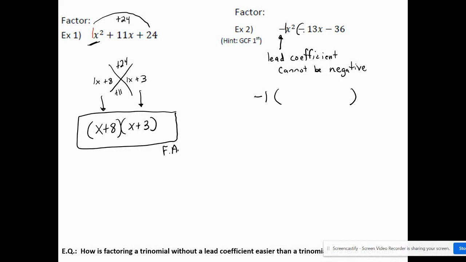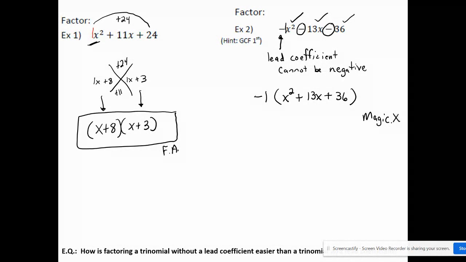When we do that, we change all the signs. So I'm going to put pluses there. So then I'm just going to write x squared, the 13x, and the 36. And then we're just going to do the magic X. Remember, when you have a greatest common factor, you have to bring that down into the final answer.